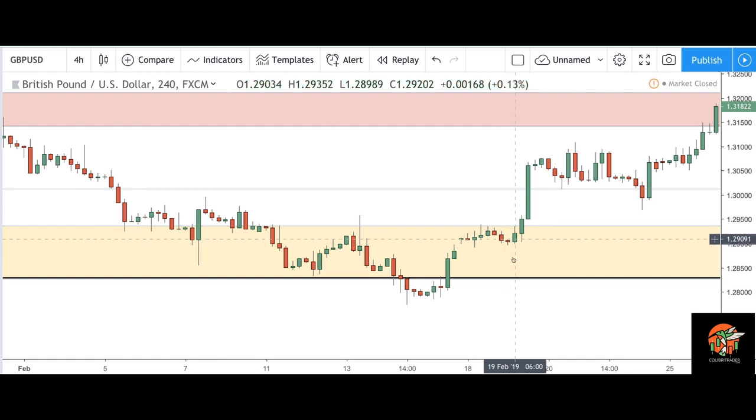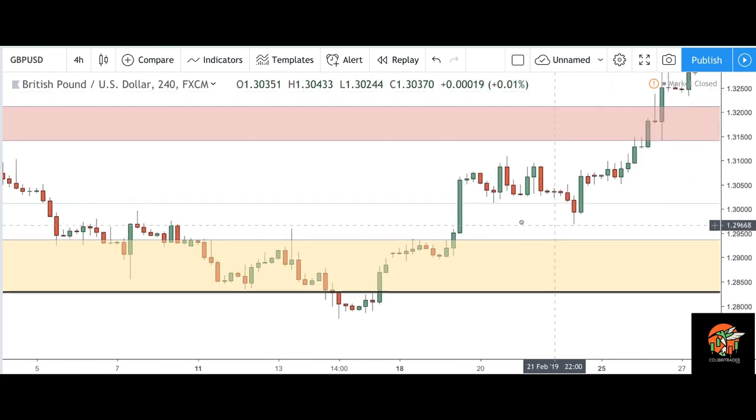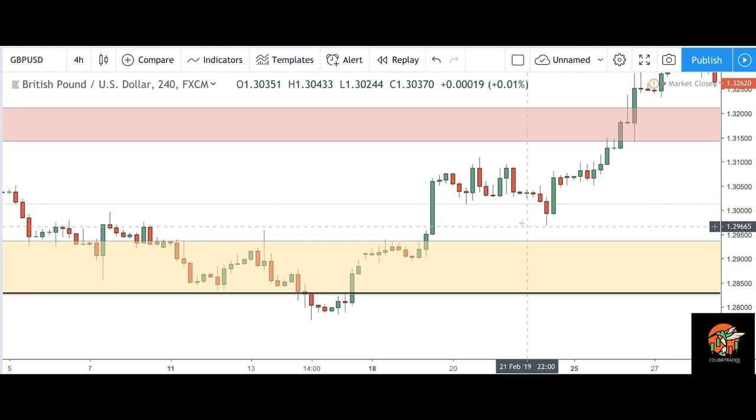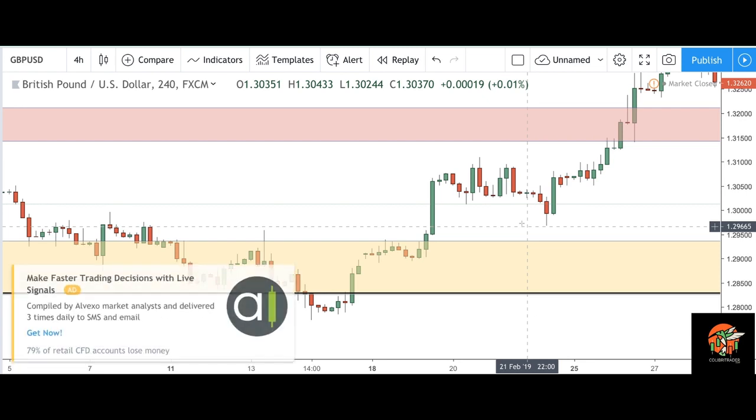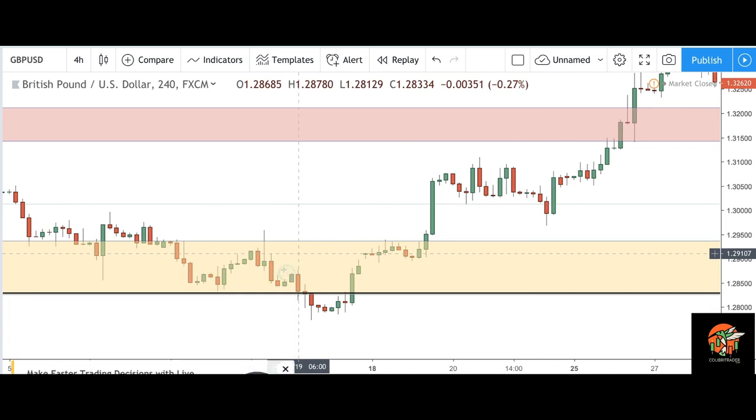Then at this point we have this green candle engulfing the red candle, which gave the next signal to a lot of buyers, which was confirmed by the next candle breaking up this upper range of the demand zone. And then the next candle was a very bullish green candle, which already at this stage would signal to a lot of the market participants that we have this signal confirmed.